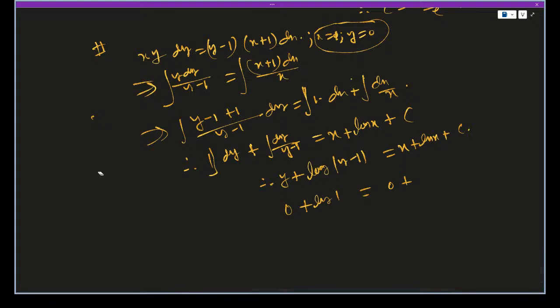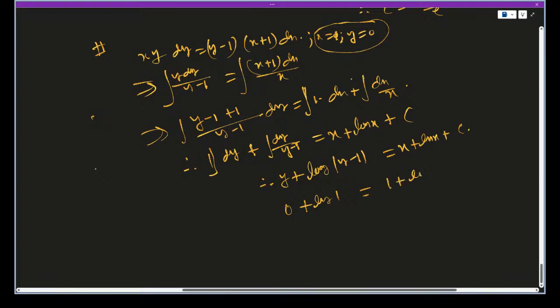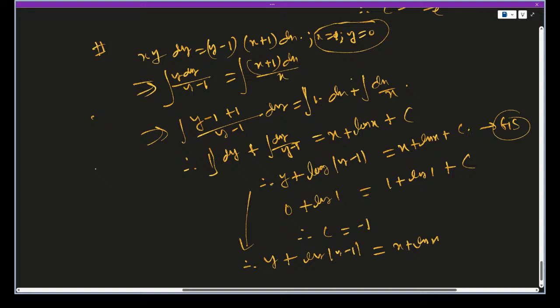So this will be 1 plus log 1 plus c. C is minus 1. So this is general solution. GS I am writing. And particular solution is x plus log x minus 1.